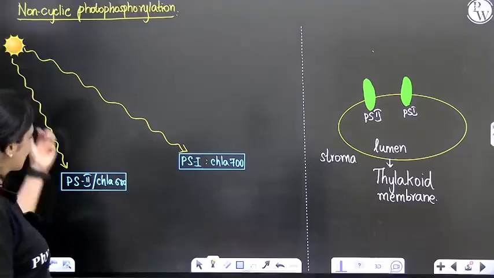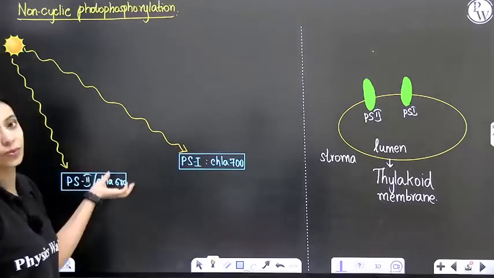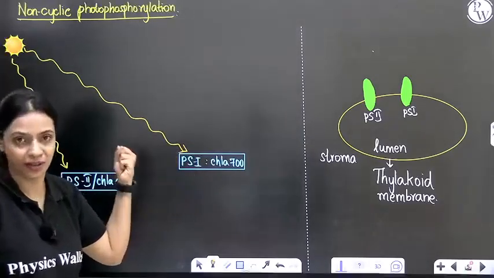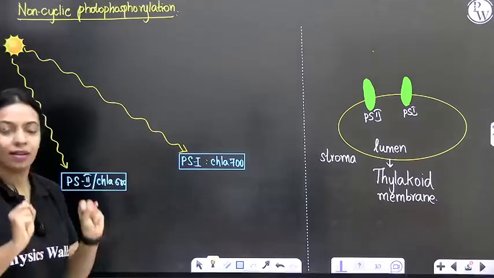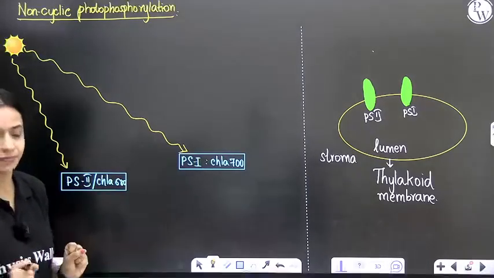Chlorophyll A in PS2 will absorb 680 nanometers, chlorophyll A in PS1 will absorb 700 nanometers, as a result of getting the energy from the sun's radiation.